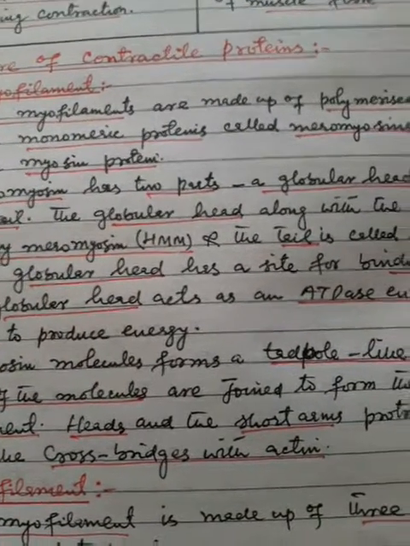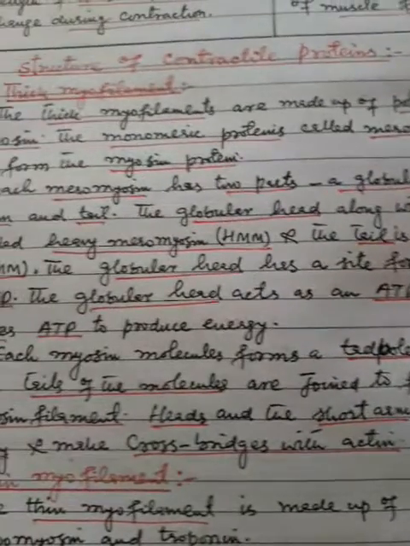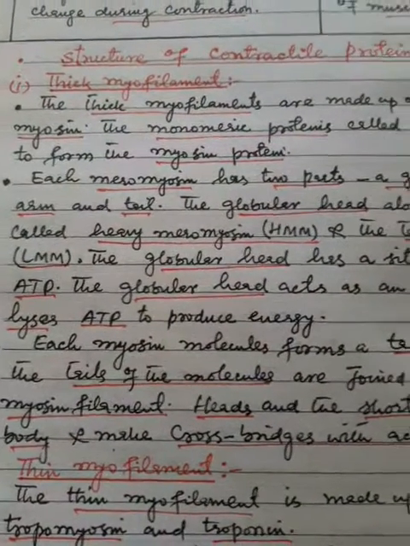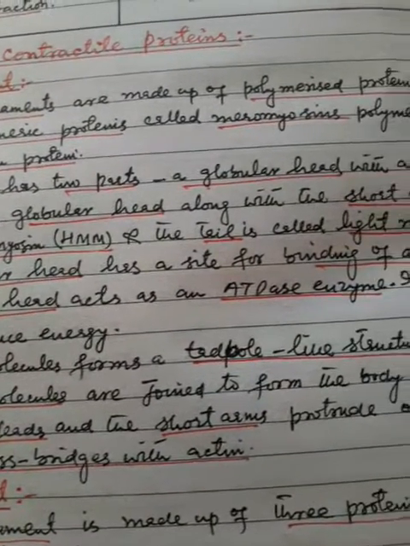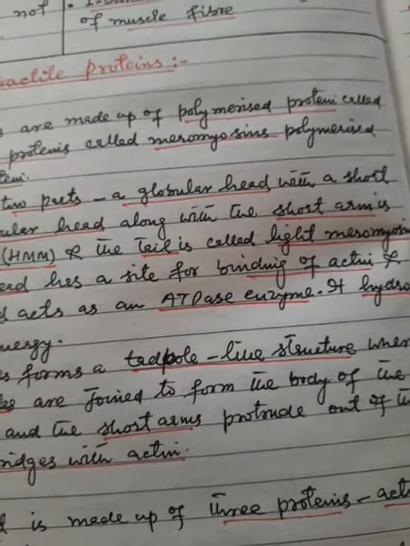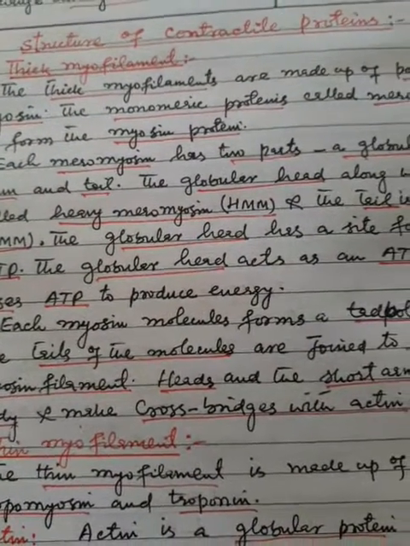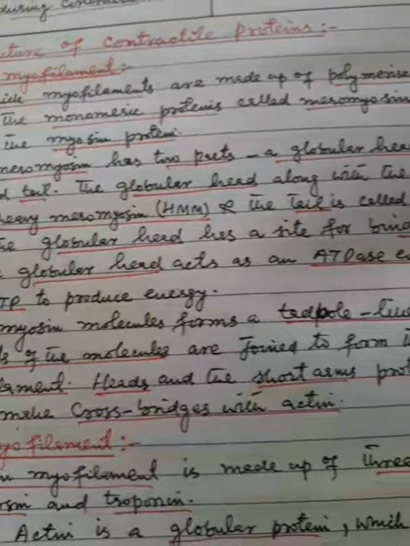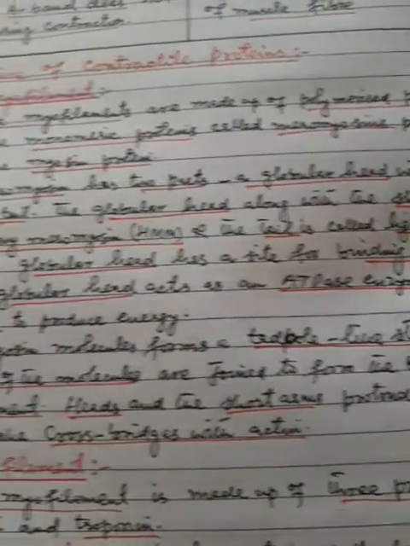The globular head, along with the short arm, is called heavy meromyosin, HMM, and the tail is called light meromyosin, LMM.